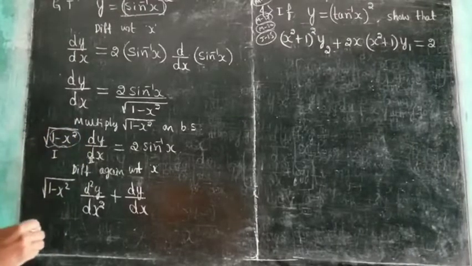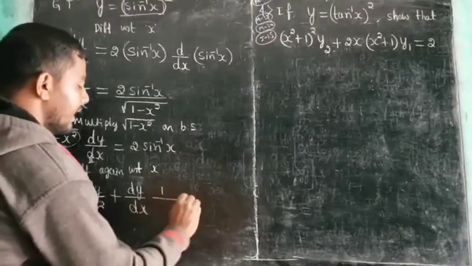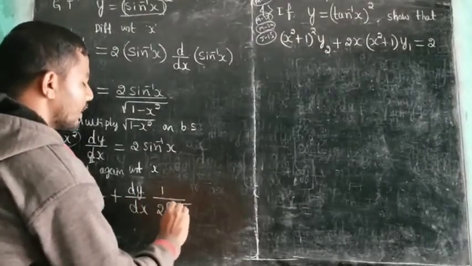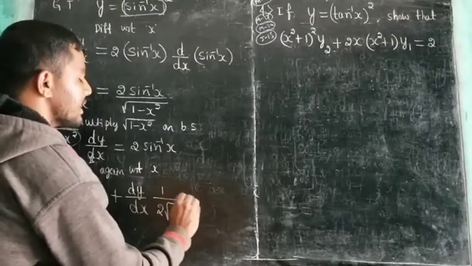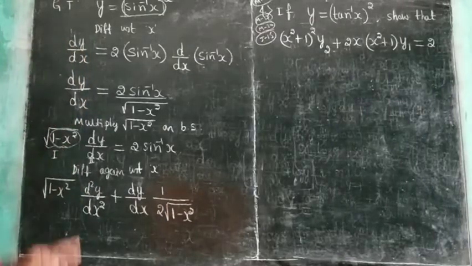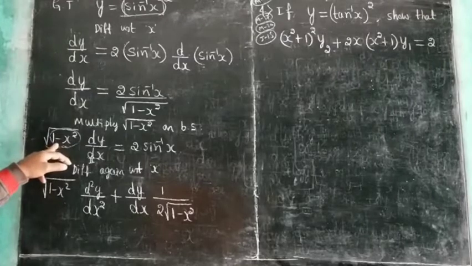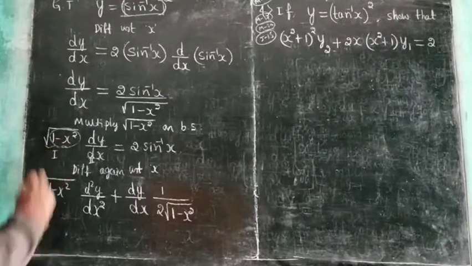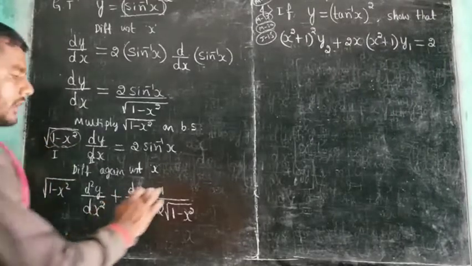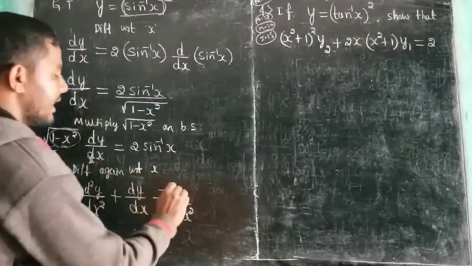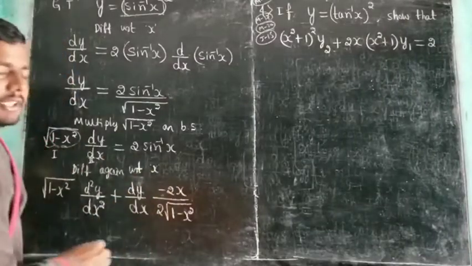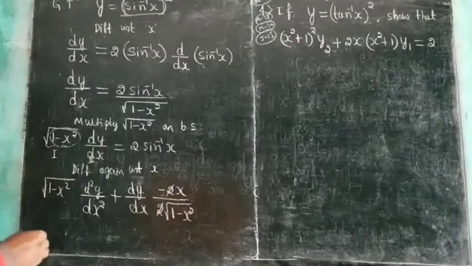What is the derivative of root dabba? That is 1 divided by 2 into root dabba. Dabba is nothing but 1 minus x square. Write the derivative of dabba. Inside the dabba we have 1 minus x square. Then the derivative of 1 is 0. The derivative of minus x square is minus 2x. Here 2 are cancelled.